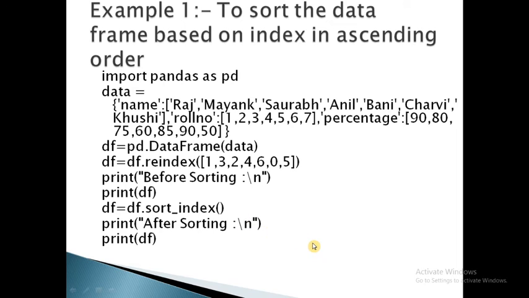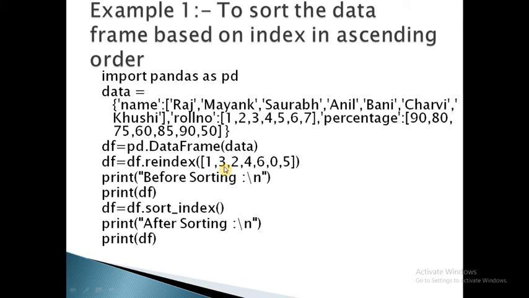Now let's see the first example. It sorts the data frame based on index in ascending order. If we want to sort in ascending order, what will we do? Let's see this example. Now here we are importing the pandas library, then the data is the same that we were using, then we are creating a data frame with this dictionary data, and then we are using reindex.